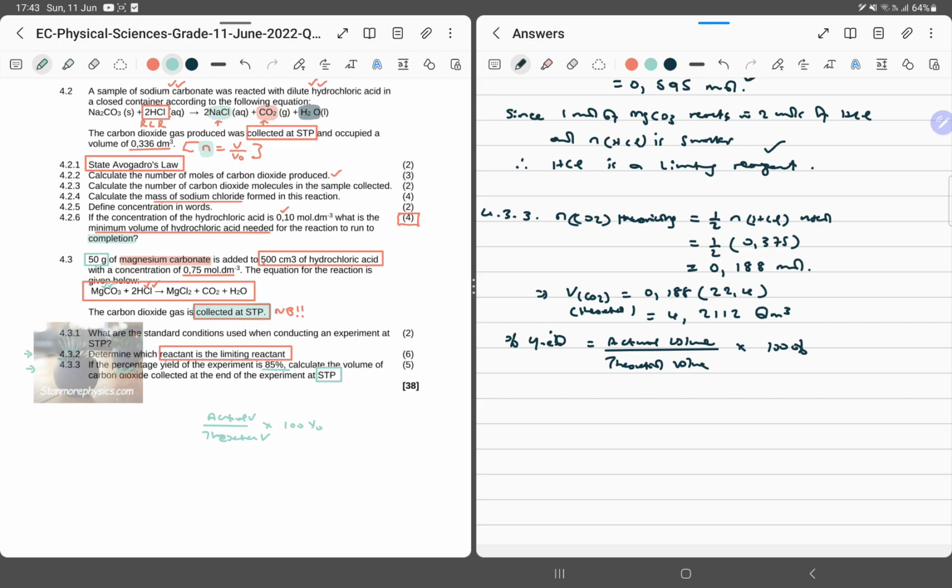Now this implies, they told us that this is 85%, right? 85% is basically 85 over 100. So this is 85 over 100.